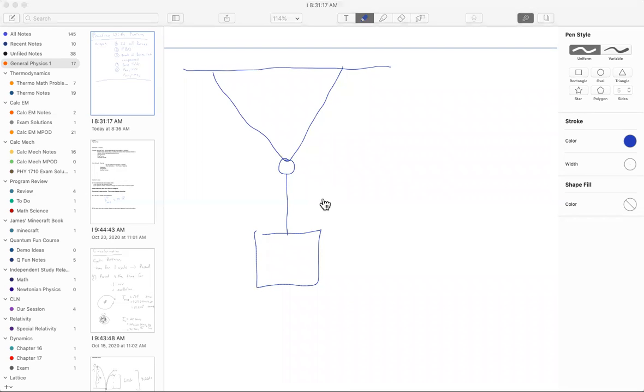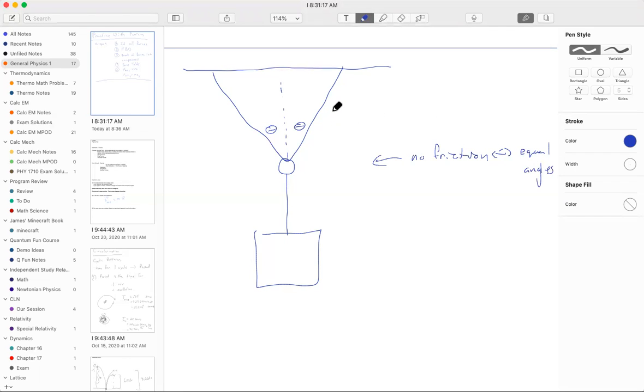So if there's no friction, what that actually means is that the angle here is the same, so equal angles.